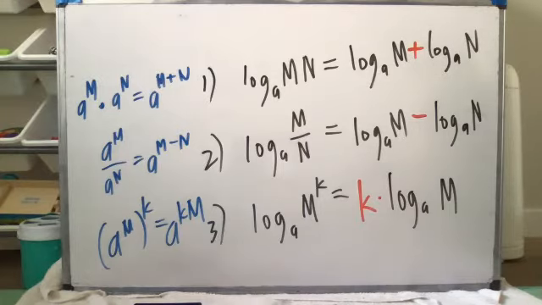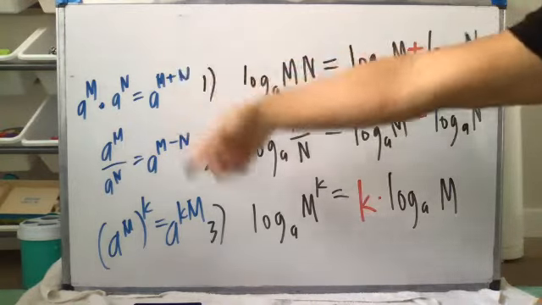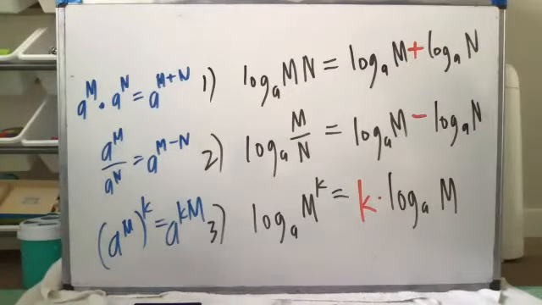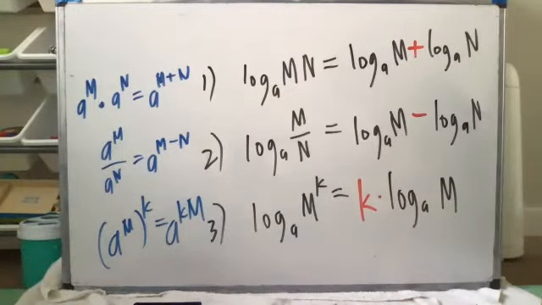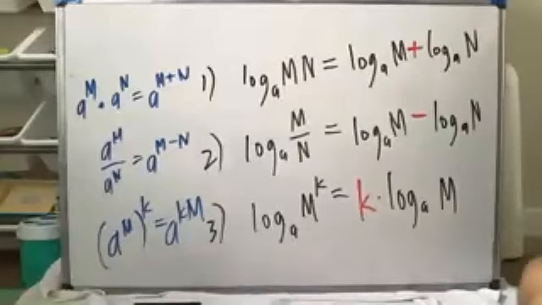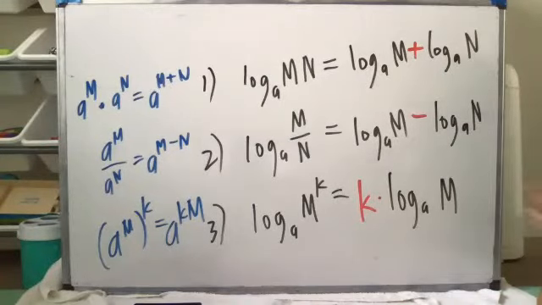And if you look at the proof for each of these facts that we looked at for the logs, they're just based on these principles. So we're going to change things to exponents and see that the rules of exponents carry us through to the end for each of those identities.